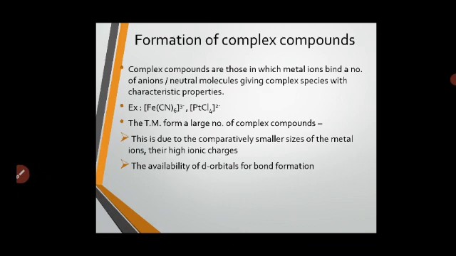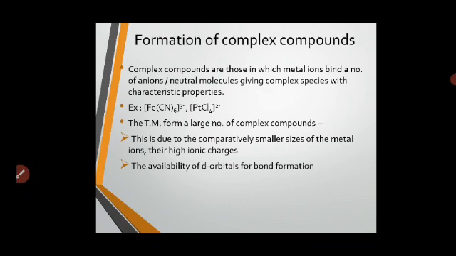Because of that, these elements can bind with a number of anions or neutral molecules, which we call ligands, and so they can form complex compounds. This is the characteristic property of the d block elements. For example, Fe(CN)6 involves iron combining with 6 cyanide ions, whereas platinum can combine with 4 chlorine atoms.